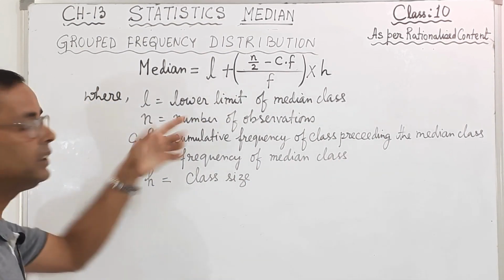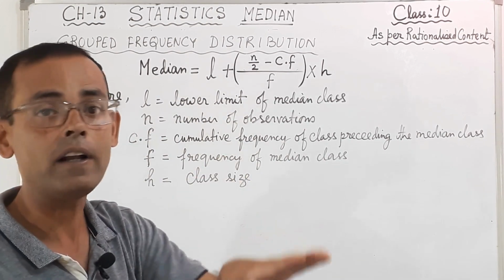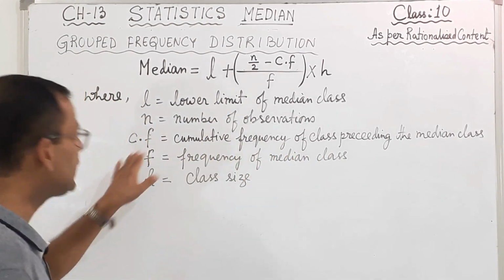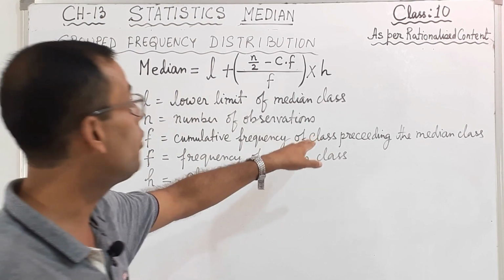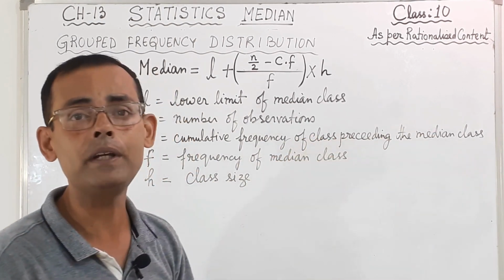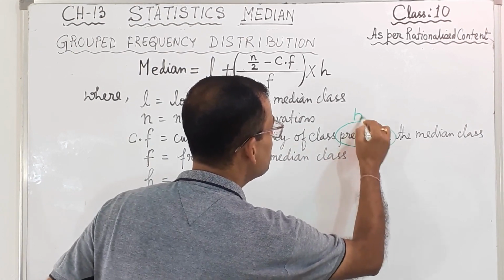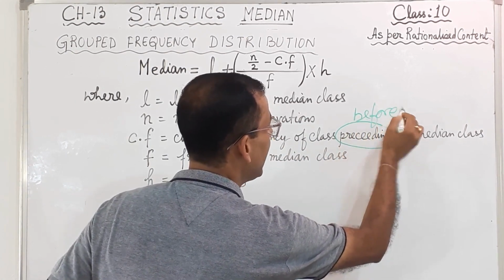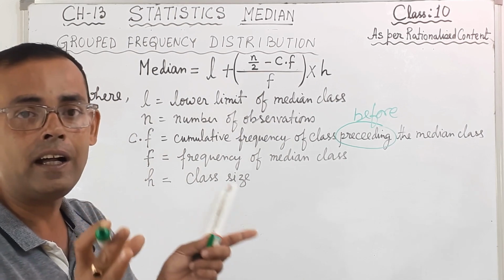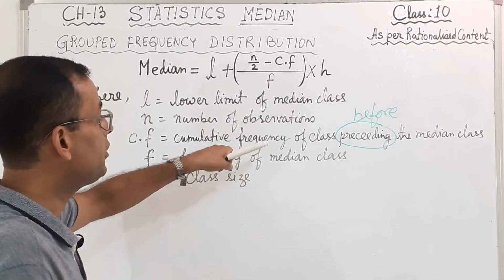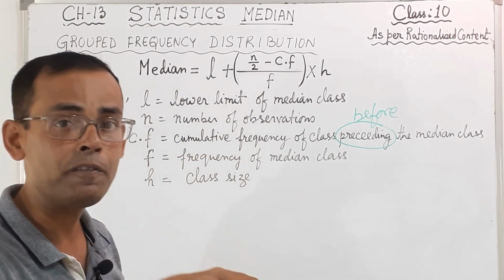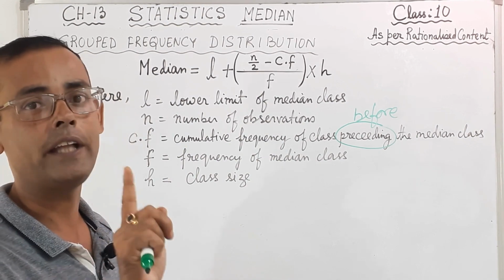Okay. CF, just now I told you, CF means what? Cumulative frequency. But cumulative frequency of the class preceding the median class. Preceding means before the median class. So we are going to get the median class, and in the median class also cumulative frequency will be there. We will not take that one.